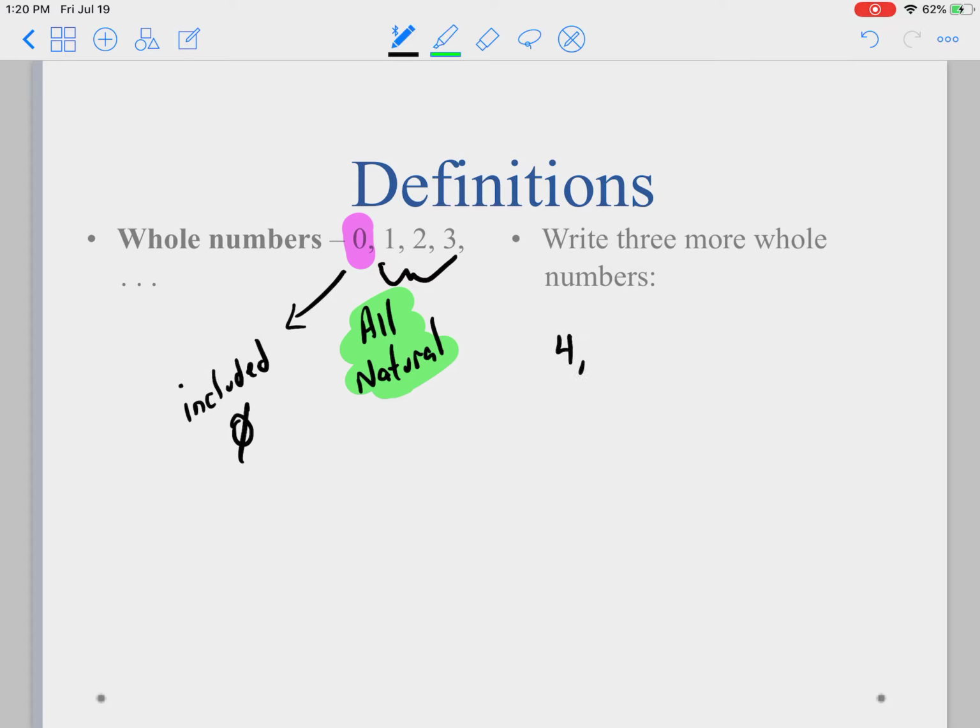So we could have just as easily said 4, 5, and 6. Those are both natural and whole numbers. They carry through. Remember, they have to be positive numbers. We could just as easily say 111, 227, and 342. Any positive natural number is also included within whole numbers. The only difference is, once again, the inclusion of 0 in the set.